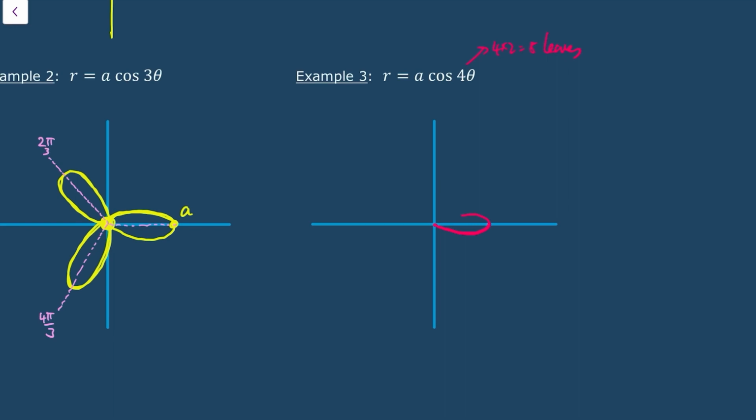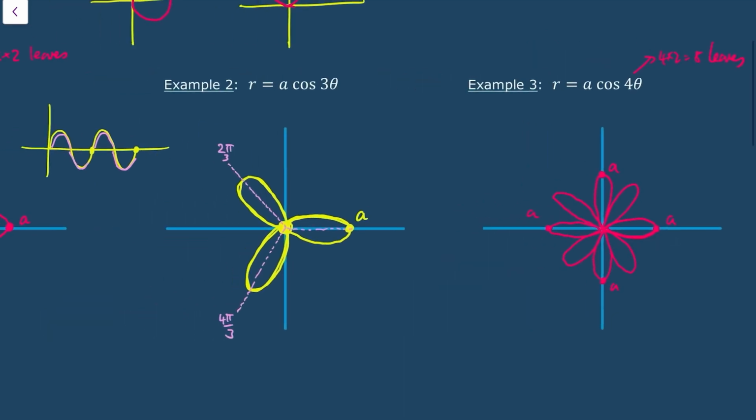It's going to end up looking like this, but obviously having the same size petal in each case. Sorry about that, the value here each time on the axis is a. So that is r equals a cos 4 theta.